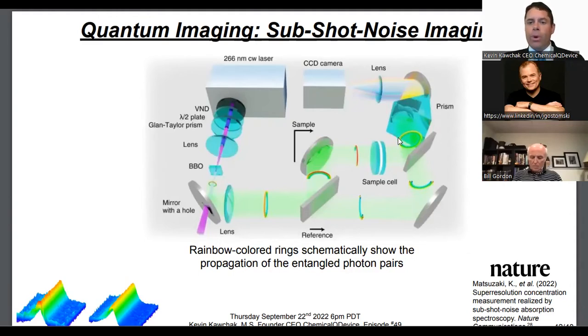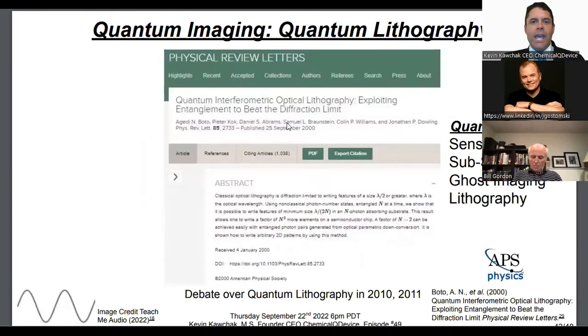So top rainbow, one photon, bottom rainbow, second photon, and here, sensed within a CCD camera.